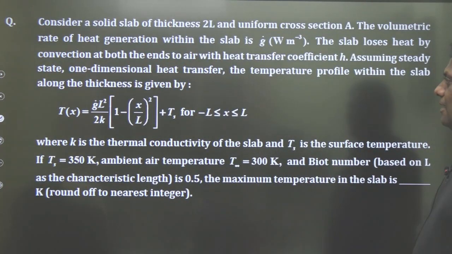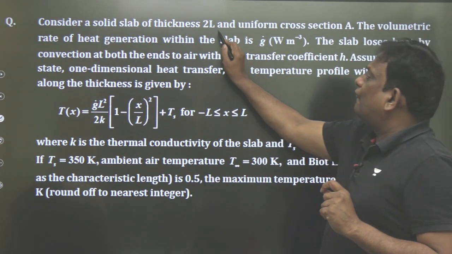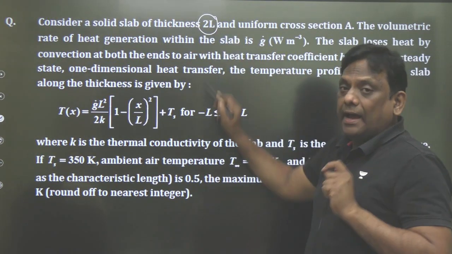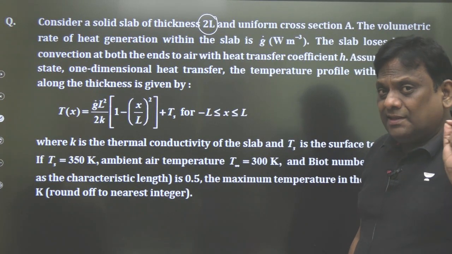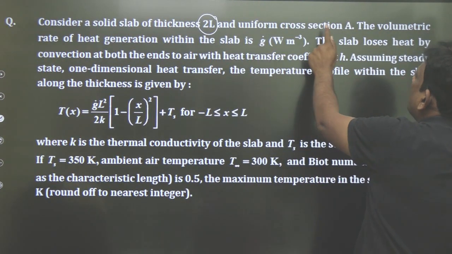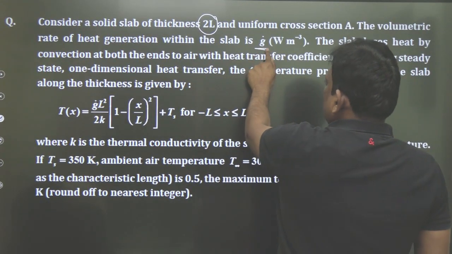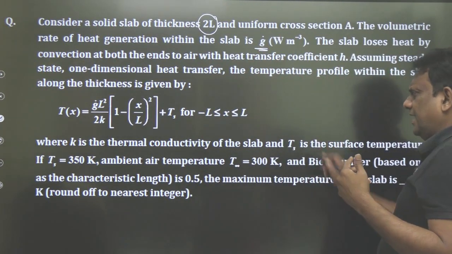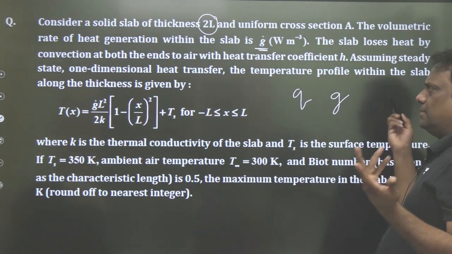Take this. Very good question. Please read the question. Consider a solid slab of thickness 2L, and we may commit mistakes in this. The thickness is not L, but it is 2L. And uniform cross-sectional area. The volumetric heat generation is given by small g. Generally, we take heat generation as Q, but here it is given as g. How does it matter?